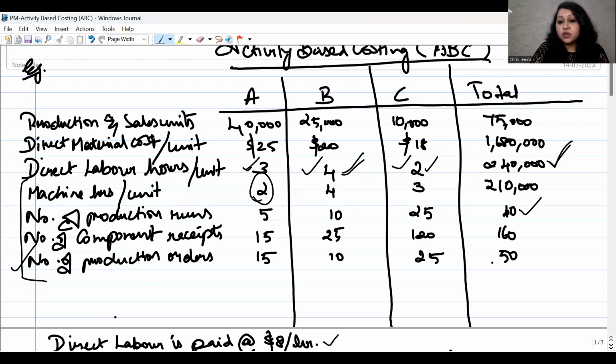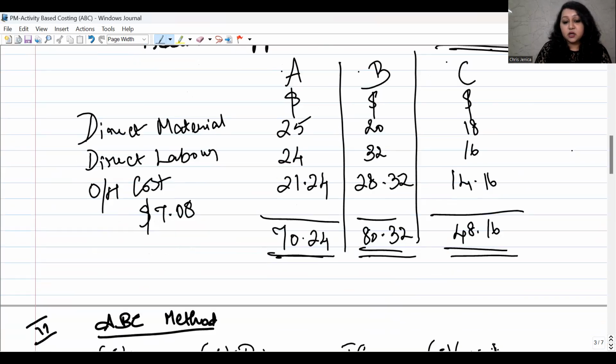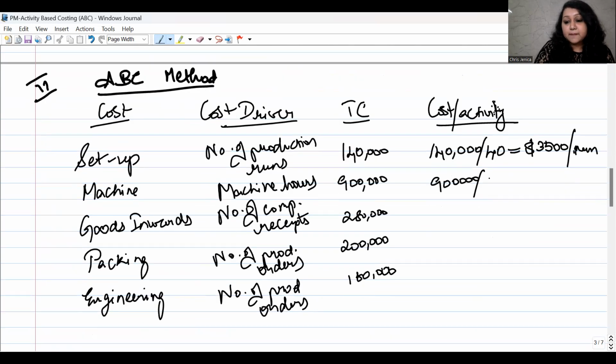So 40,000 into 2 is 80,000. Then you have 4 machine hours for product B into 25,000 production units, and 3 machine hours into 10,000 production units. So in total you have 210,000. So how much is this going to be?